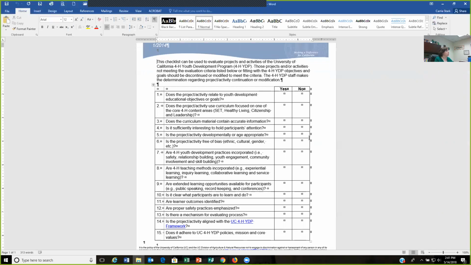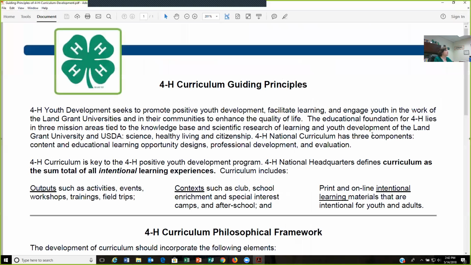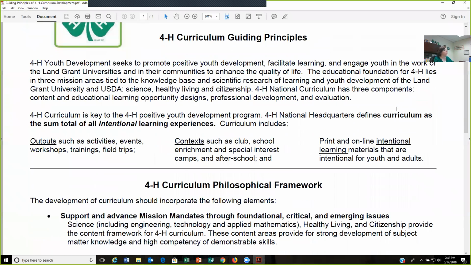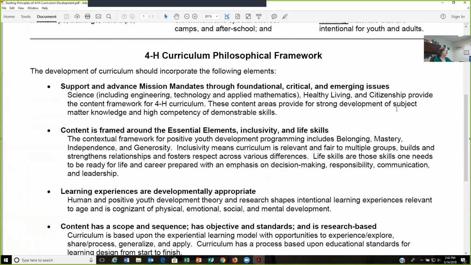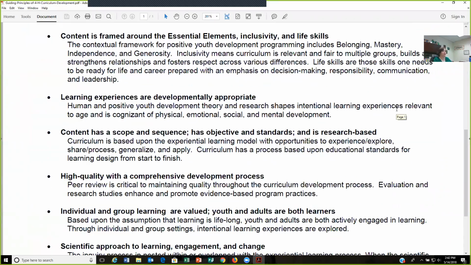There's a couple of documents from National 4-H Council that I think are really good. This is Guiding Principles. This is the one where we talk about the philosophical framework, and all of these are going to be in the box for you to pull up.